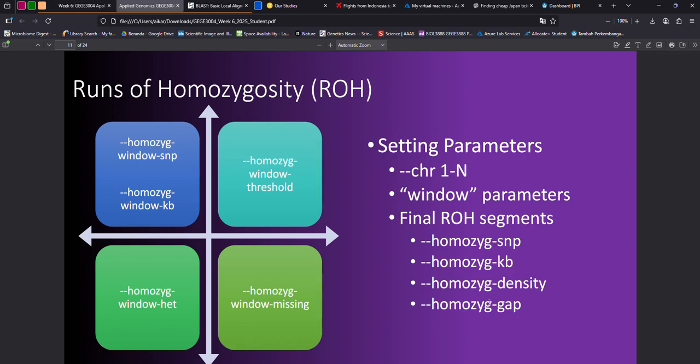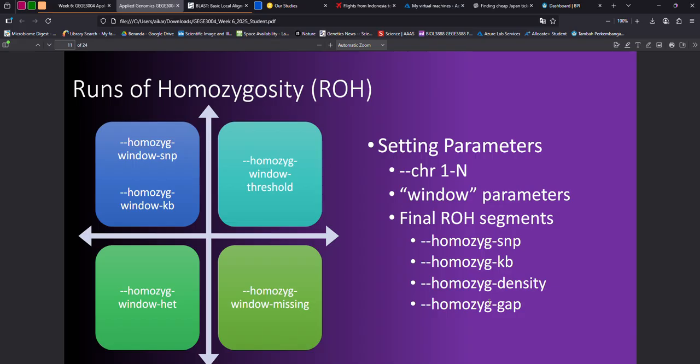Now, there is some insight that can be provided when it comes to what the thresholds for these should be. You can determine basic levels of LD in the species you are working with. You can also determine the error rate of the array you're using, and these can help you determine what these thresholds will be.